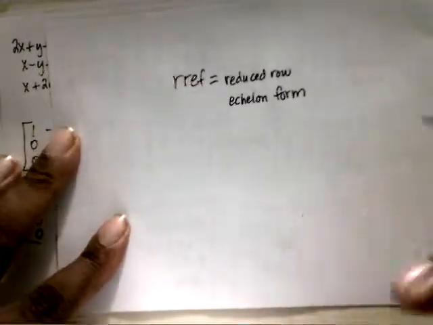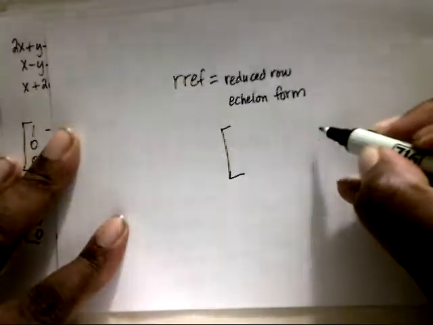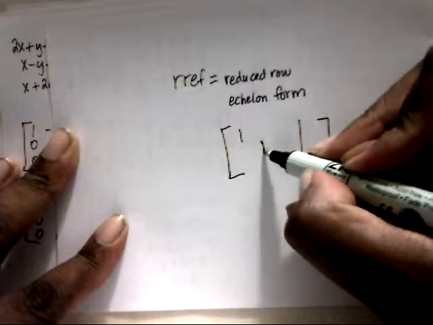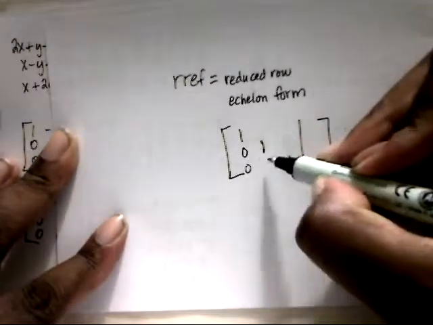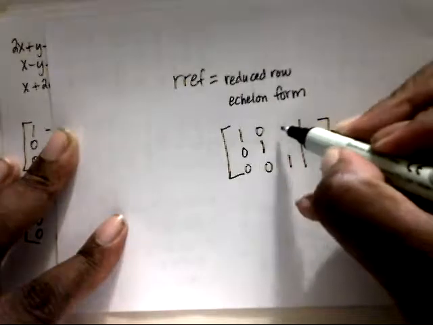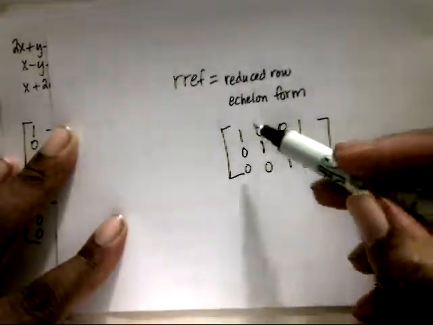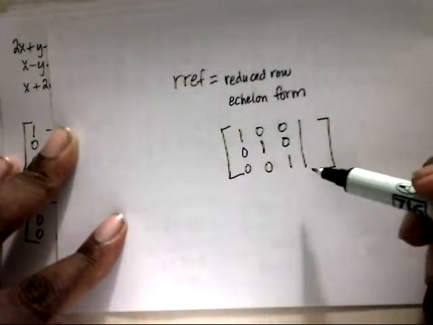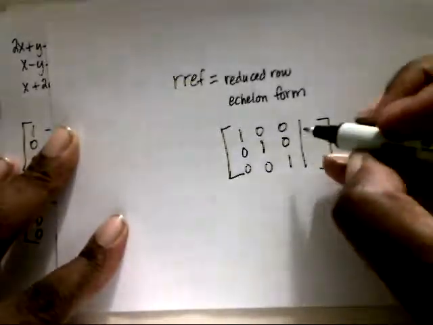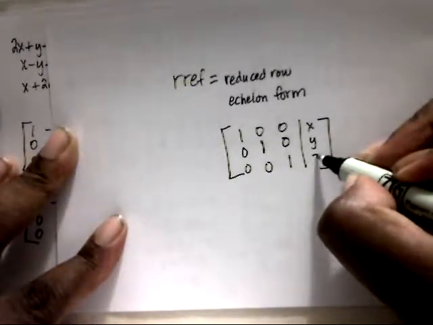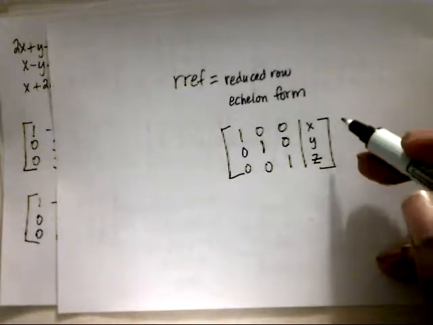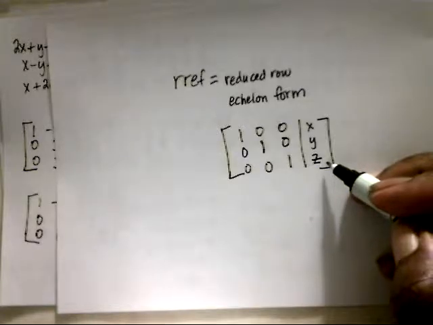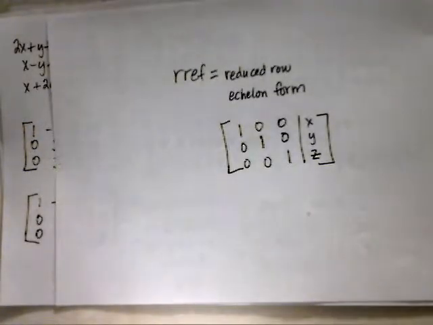What that means is you will get a matrix where you will have ones along the main diagonal, you will have zeros below each of the ones, and zeros above each of those ones. So you can have zeros above and below the ones that are along the main diagonal. And this last column represents the coordinates for x, y, and z. That's what reduced row echelon form means.